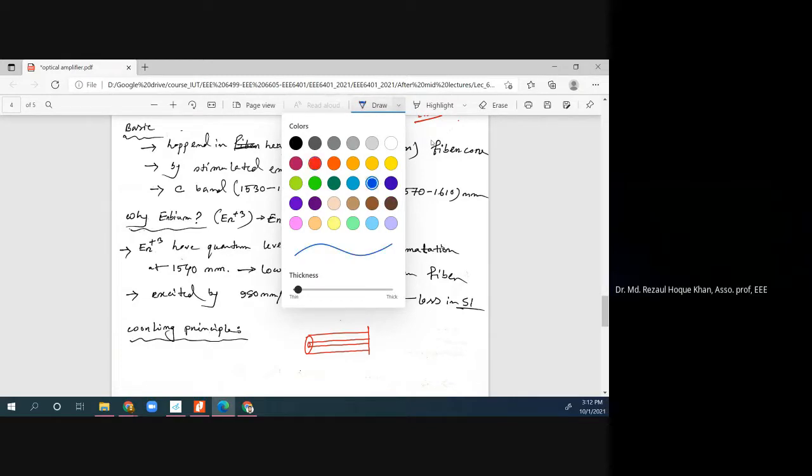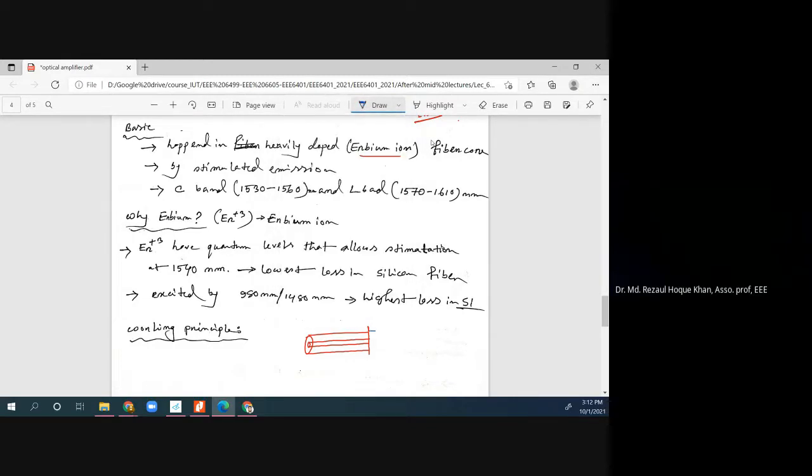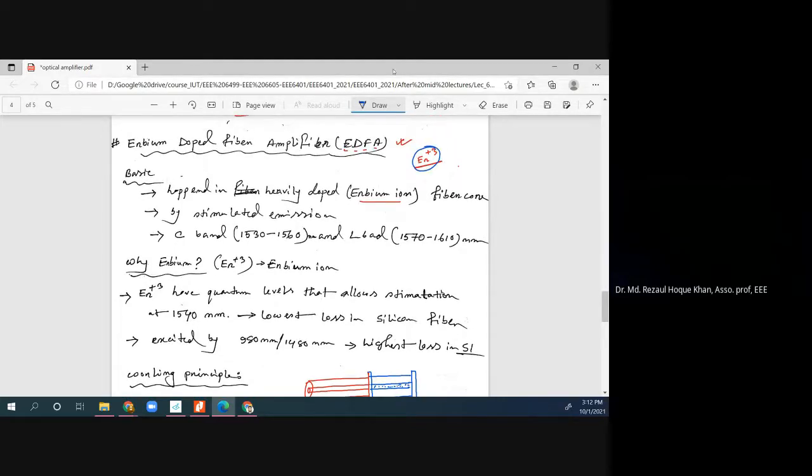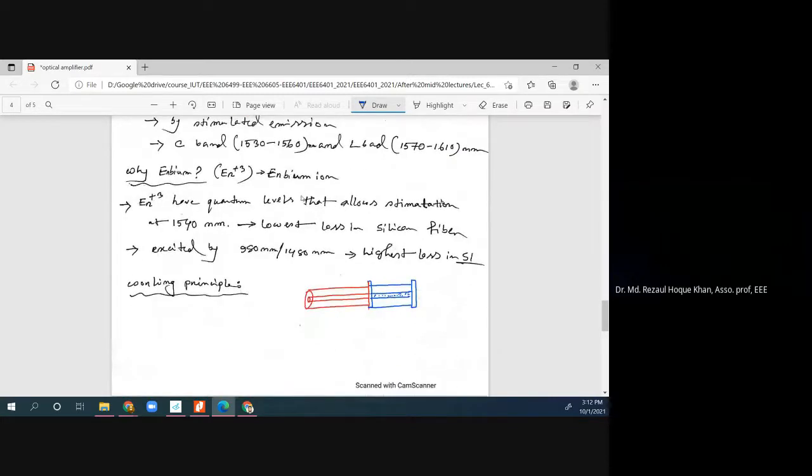So this is your small EDFA, a small fiber. Imagine this is an optical coupler. Here we connect one fiber with another one. This one is heavily doped with erbium ions. So in the core of this fiber is erbium.